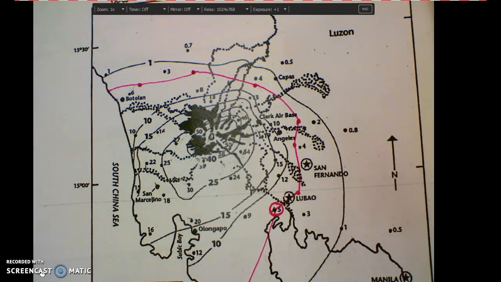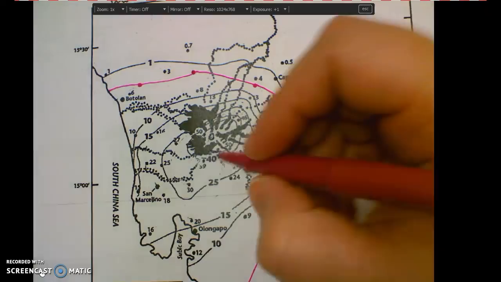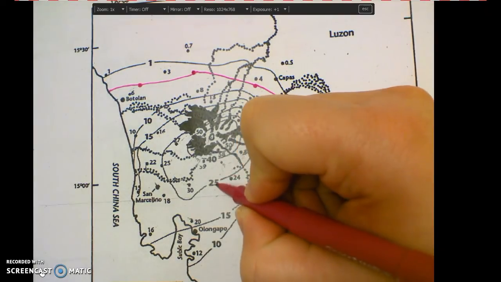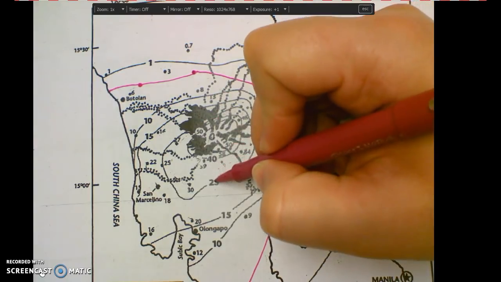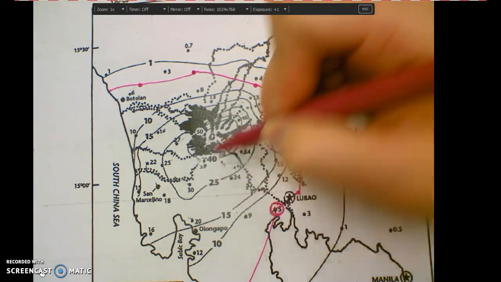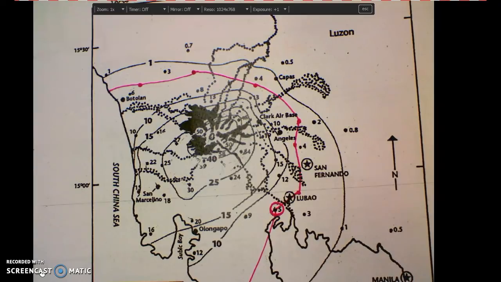Okay, so now you have a completed line representing where 5 centimeters of ash was located after the eruption. Now you need to put in the line the same exact way for 20 centimeters of ash, so right in here, and 30 centimeters of ash, so right between these 2 lines. You'll complete your map and then answer the questions.